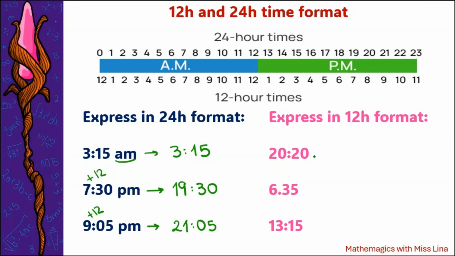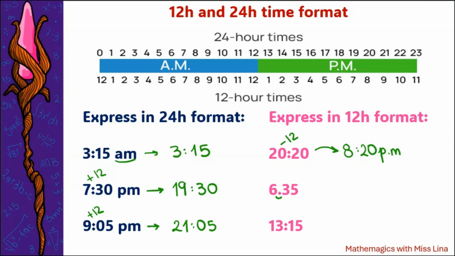Now, these ones are given in the 24-hour format, and we know because it doesn't say AM or PM. In this one, 20 is bigger than 12, so we need to subtract the 12 and write PM. 20 minus 12 is 8. So it's 8:20 p.m. 6:35. Remember that you can also use a point. It's not that common, but sometimes you can see it like that with just one point.